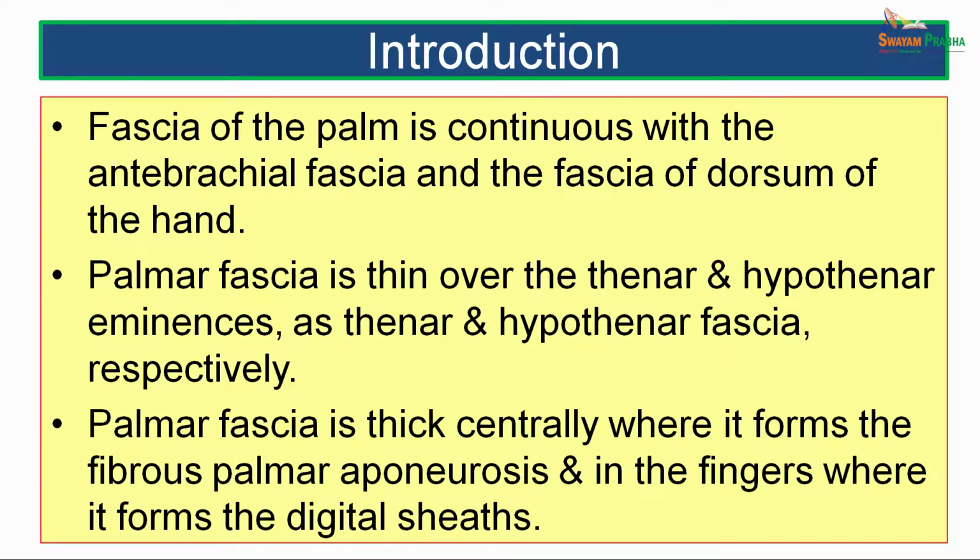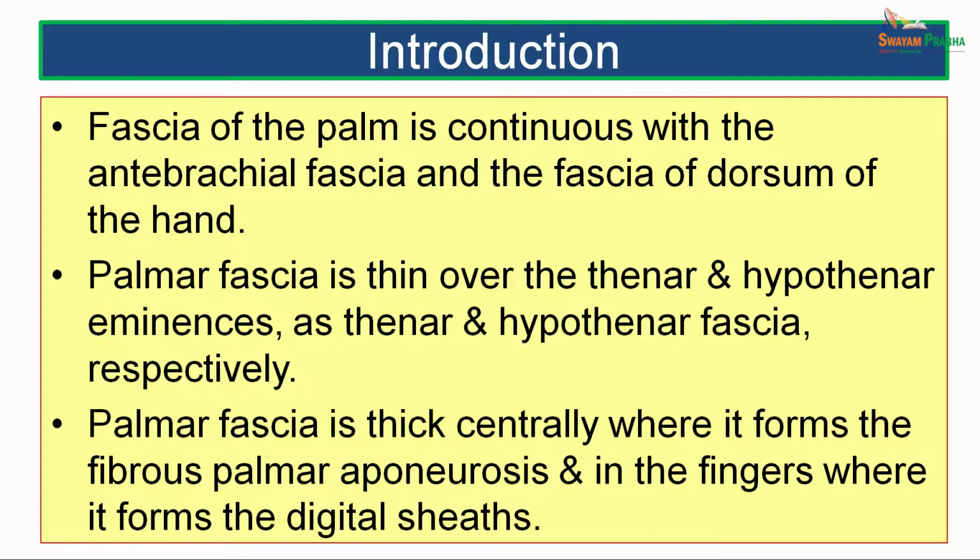Introduction. When we see the palmar aspect of the hand, we see the thenar eminence on the radial side and the hypothenar eminence on the ulnar side of the hand. In between these two eminences, the triangular area is where we see the palmar aponeurosis, which is a modification of the deep fascia.